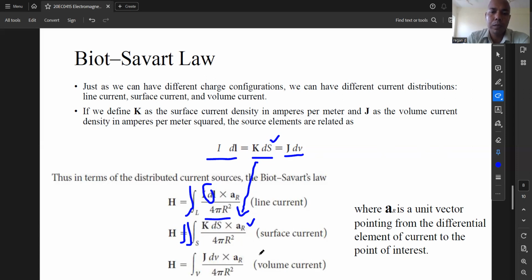For a volume current, you write a triple integration, that is a volume integral, with the volume current component J dV cross aR over 4 pi R square.